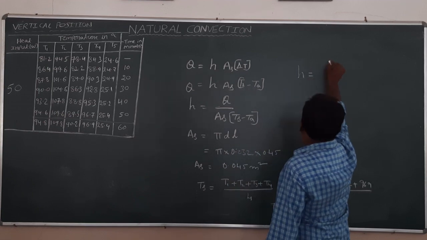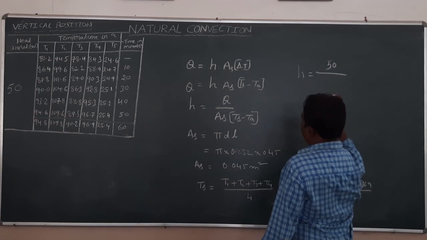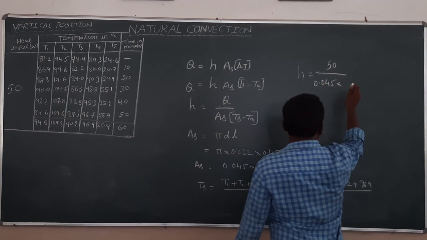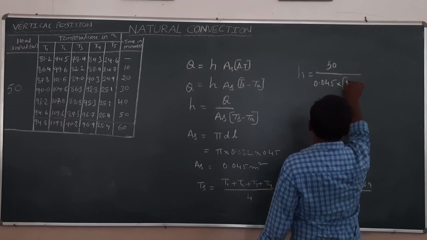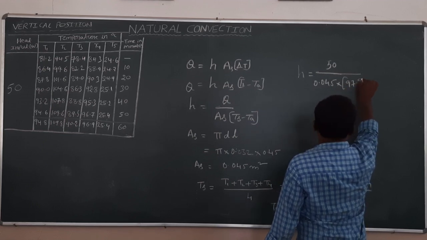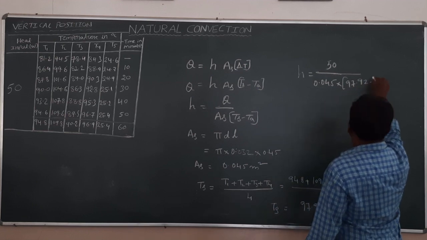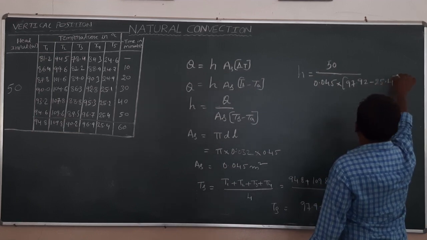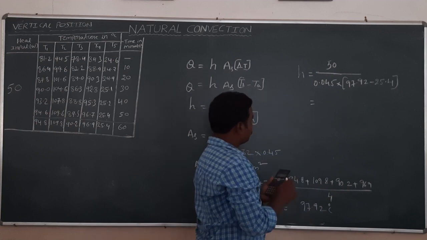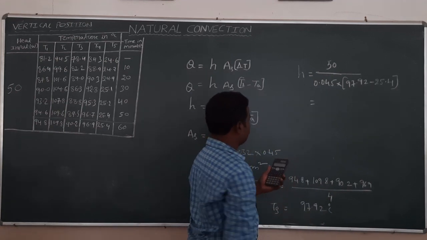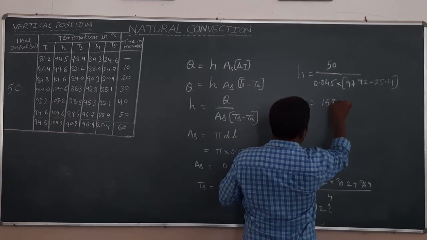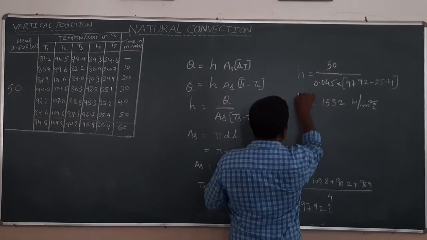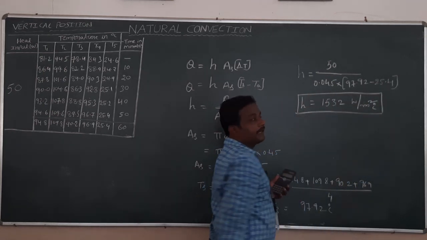H equals 50 divided by 0.045 into the temperature difference, 97.92 minus 25.4, that equals 15.32 watt per meter square degree centigrade, the heat transfer coefficient value obtained practically.